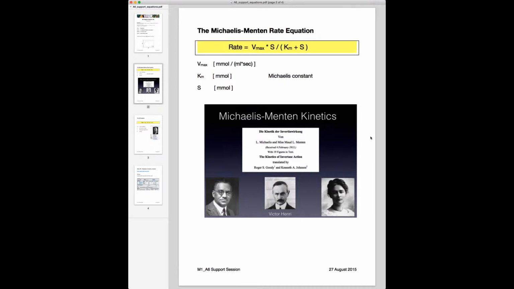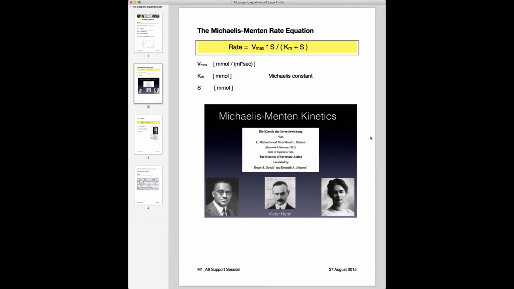For example, one of the assumptions is that the enzyme concentration is much lower than the substrate concentration, which might be the case if the substrate is glucose and the enzyme is a glucokinase, but which might not be the case if we have a protein kinase and the actual substrate is another protein. Then these concentrations might not be dissimilar, and in that case, the Michaelis-Menten law would not be applicable. So, as always, we have to check it.